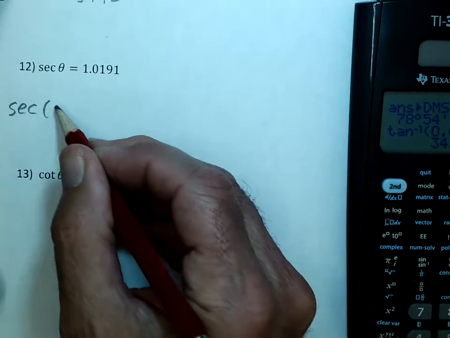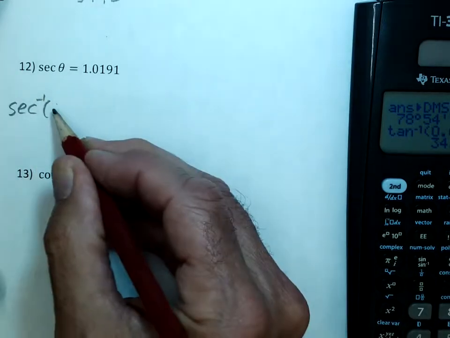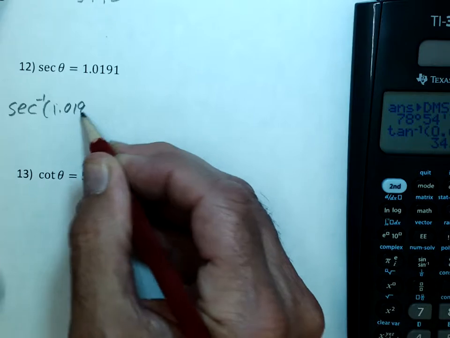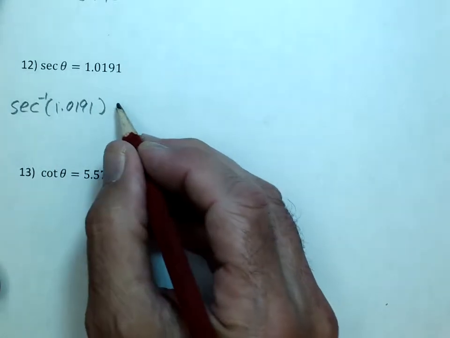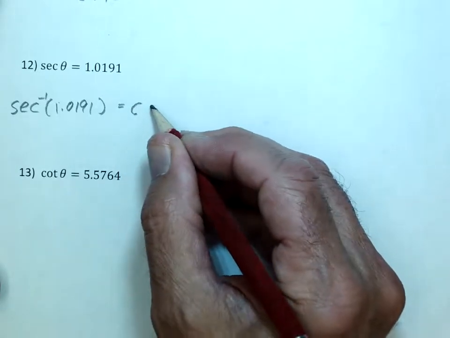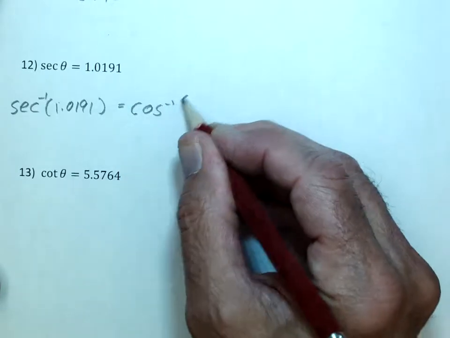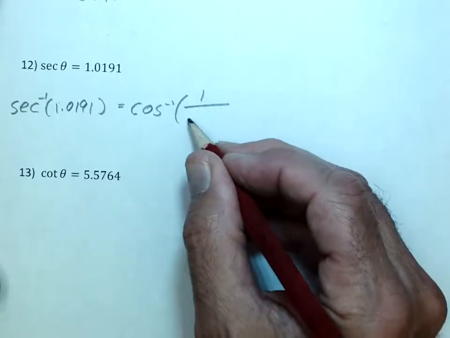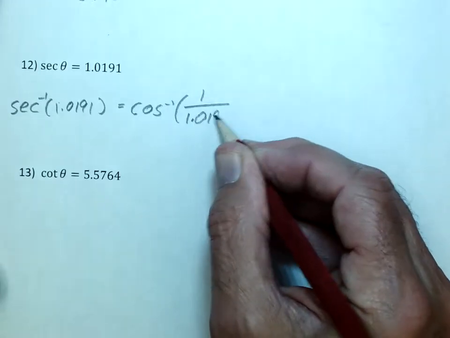Inverse secant of 1.0191 is equal to inverse cosine of 1 over 1.0191.